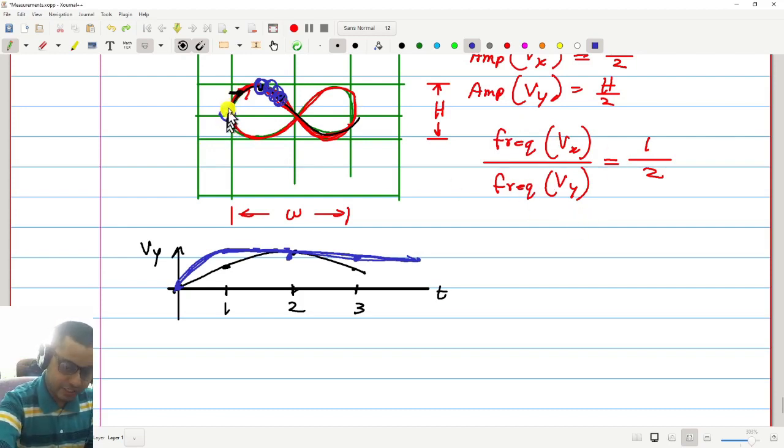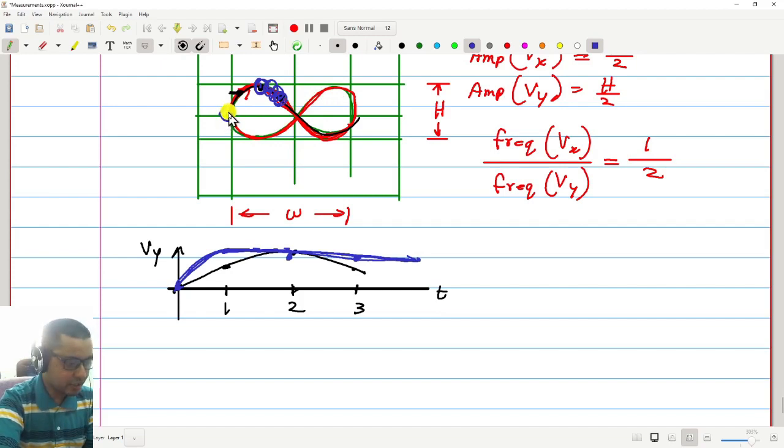And the other thing I did to find the ratio of the two voltages was to count. Let the electron be moving like this. Starting from here and coming back, the horizontal voltage has gone from extreme left to the extreme right and back.